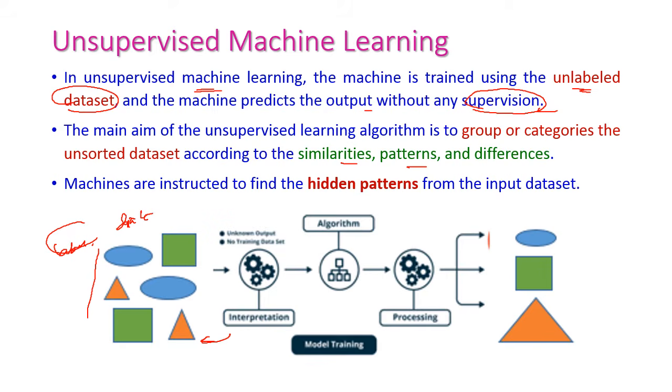Accordingly it groups or categorizes the data. The machine is instructed to find the hidden patterns, so it will find the shape of the given data and group the data.